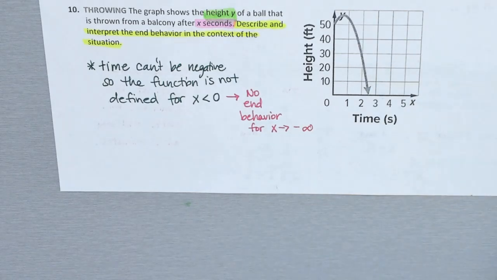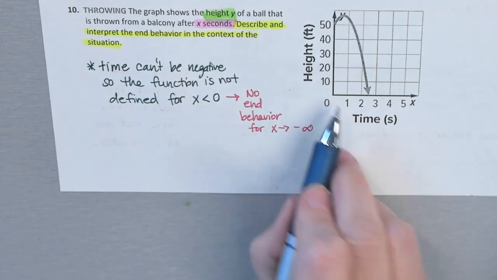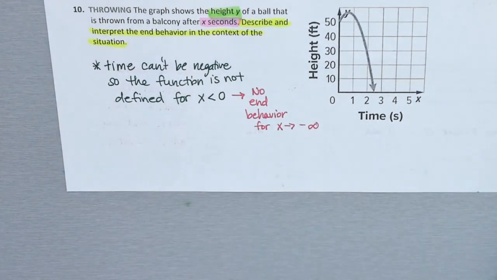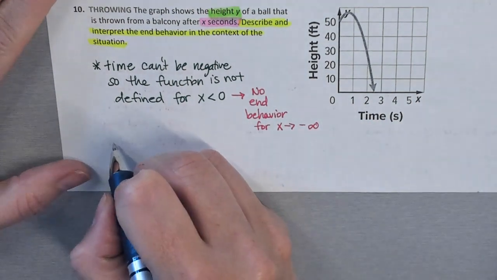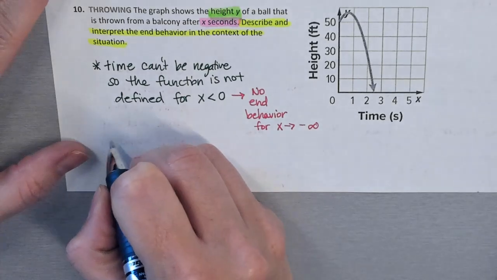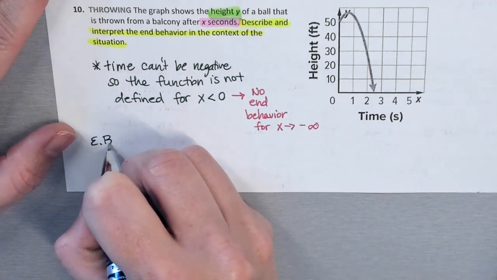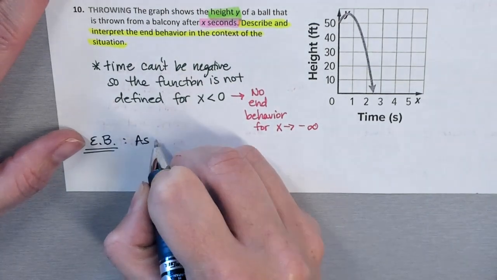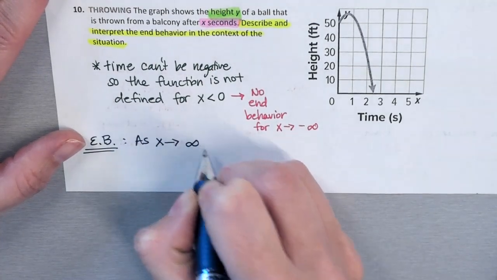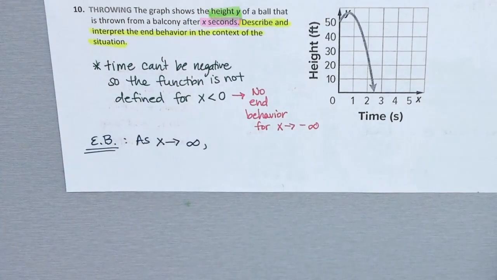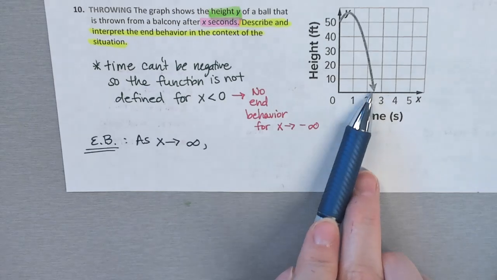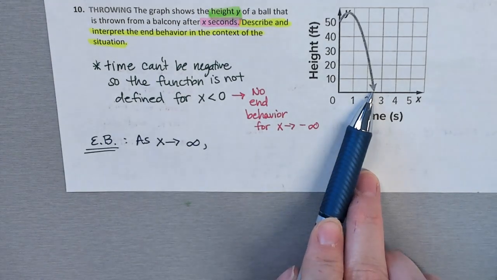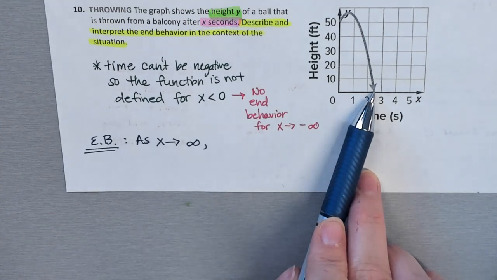All right, so that means we do have to describe what happens as x approaches positive infinity. So our end behavior, I'm just going to put EB, okay? Our end behavior is as x approaches infinity, and this is a little bit tricky. So before, if we had an arrow going down, we would just say that it is approaching negative infinity because it goes down forever.